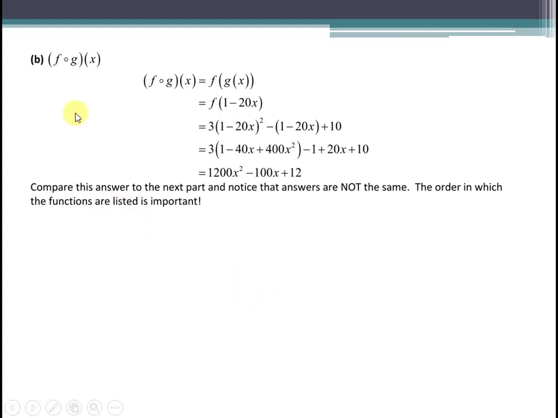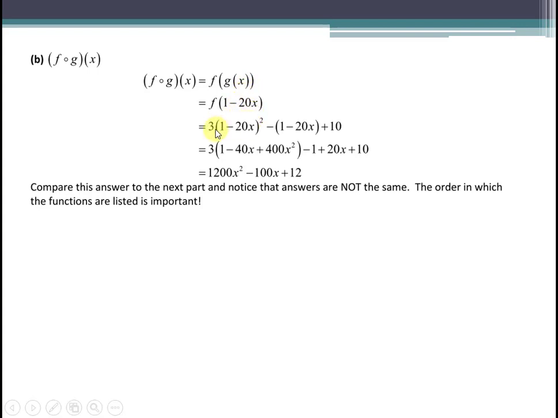The next one, b1, composition of f and g of x. So it means f of g of x. So instead of x, we should put g of x. And our g of x is 1 minus 20x again.